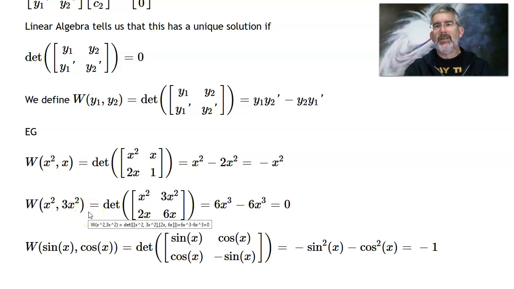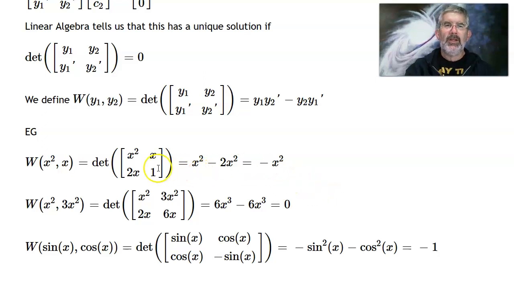Now, as I say that, I have to take back, there's a warning. Let me pause. Yes, the Wronskian test is an interesting one in that you only get a positive result one way.